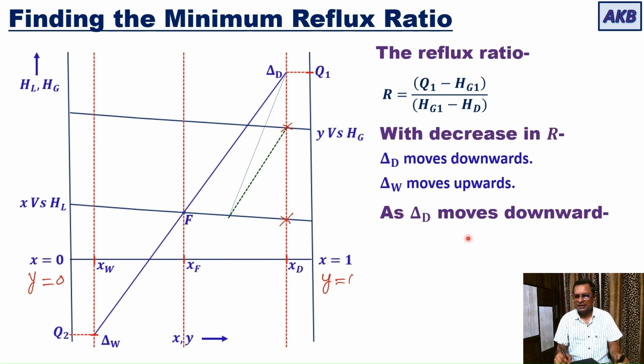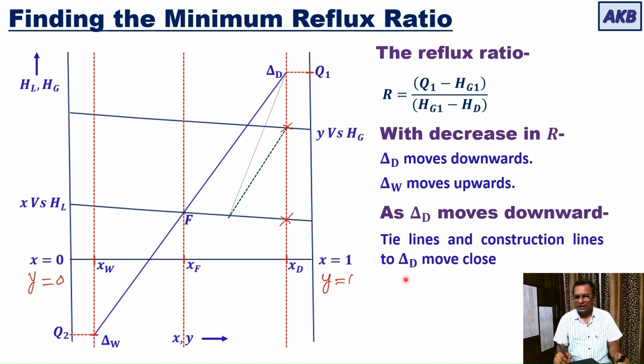As delta D moves downwards, the tie lines and construction lines that we draw to this point delta D move closer to each other. So this is the effect of a decrease in reflux ratio.